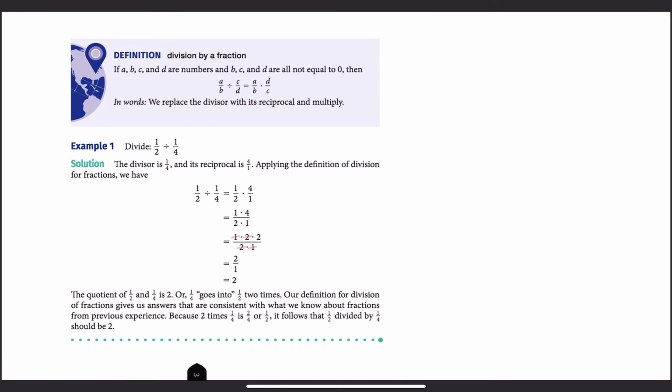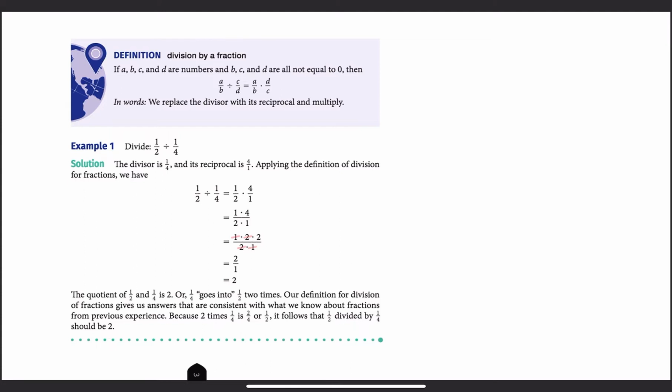Now, one of the reasons why it comes in handy is because division with fractions isn't very easy. It's not very intuitive. So let's look at an example before we do anything.